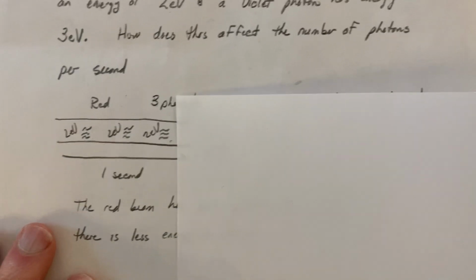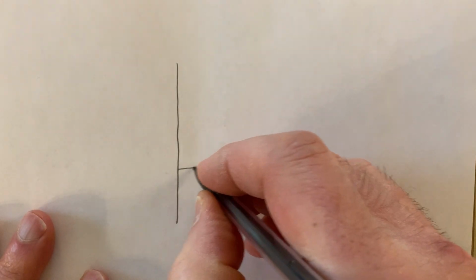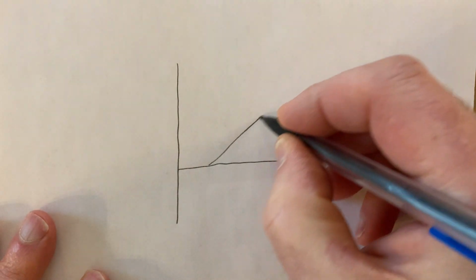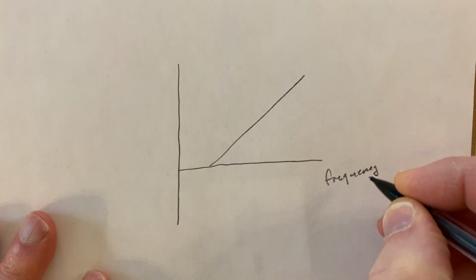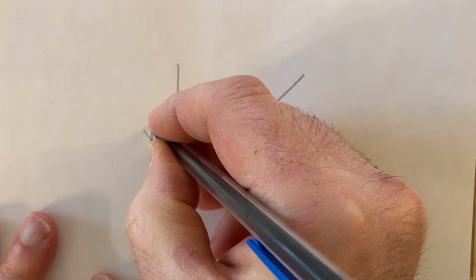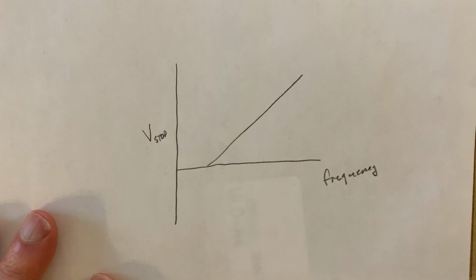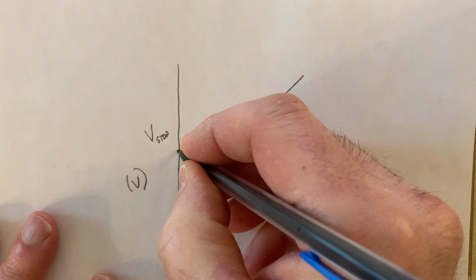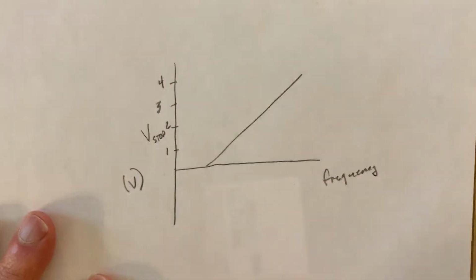Okay? I can do that graph a bunch of different ways. I can have frequency here, and on this side, I can have stopping potential in volts. And let's just say I've got 1, 2, 3, 4 volts.